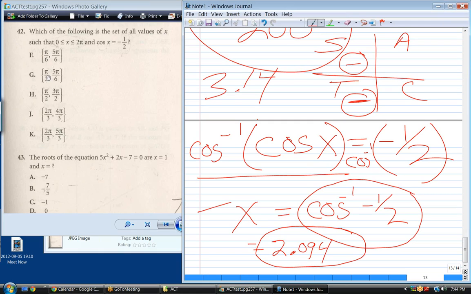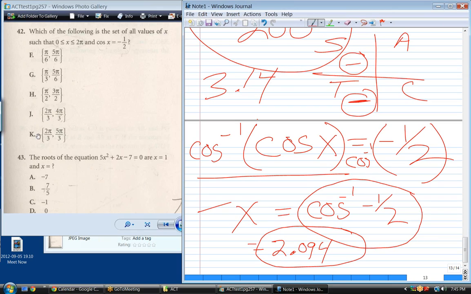Pi over 3 is close to 1, so that's not it. Pi over 2 is half of pi, so that's not it. 2 pi over 3 looks like it could be it. Do 2 pi over 3 in your calculator and see if you don't get real close to 2.094. It's the same thing.